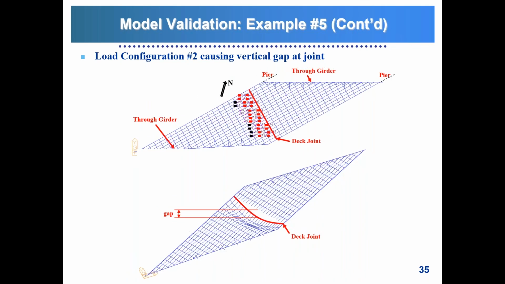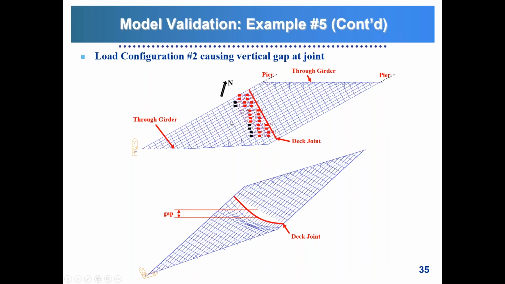The other, more intuitive scenario where that happens is when all your trucks are loaded to one side of the joint. So the side of the joint that is fixed, or the side of the deck that is fixed, will deflect with the floor beam, and the side of the deck that is not attached to the floor beam essentially stays where it is.